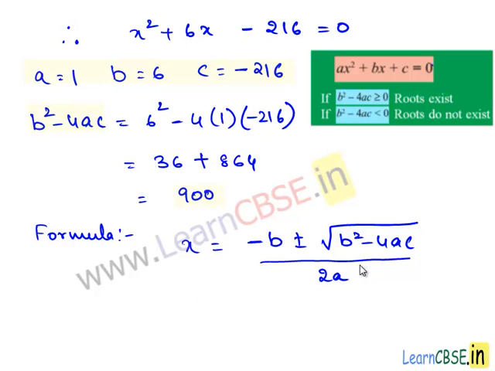So on substituting the values of a, b, c and b square minus 4ac, we have x is equal to minus 6 plus or minus square root of 900 whole divided by 2a. It is 2 times 1, which is 2. So this implies x is equal to minus 6 plus or minus 30 whole divided by 2.